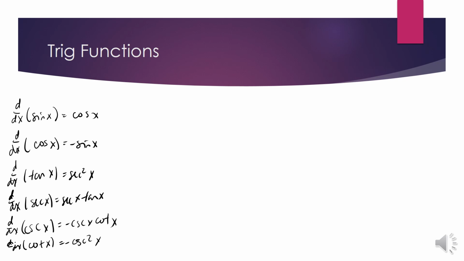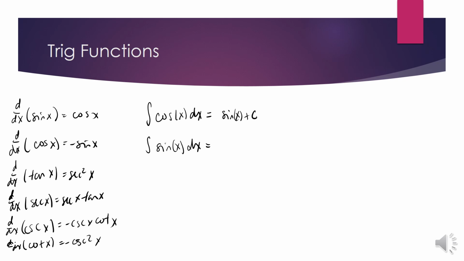So based on each one of these, we can have a new rule for integration. So my first one is the antiderivative of cosine. So now we're saying, what function gave me a derivative of cosine? So that's just sine x, and don't forget our plus c. Next, what's the antiderivative of sine?